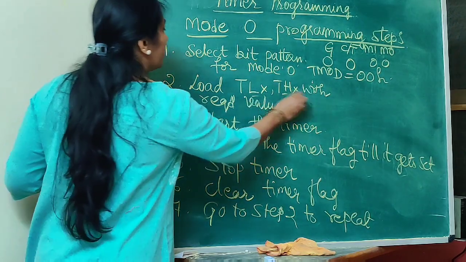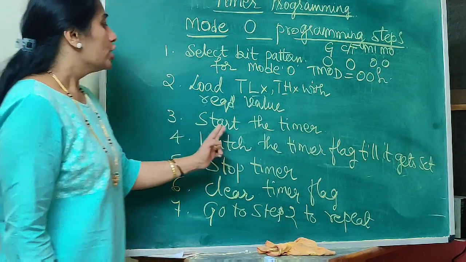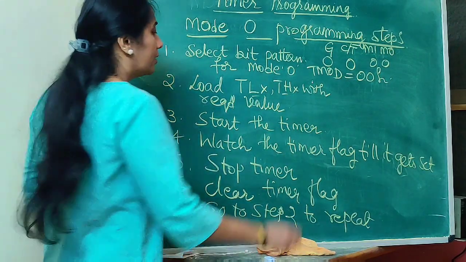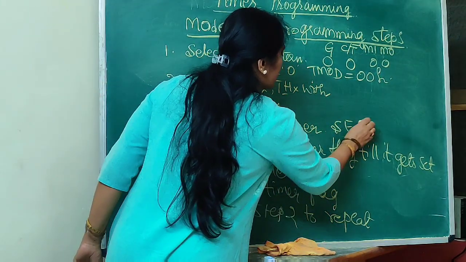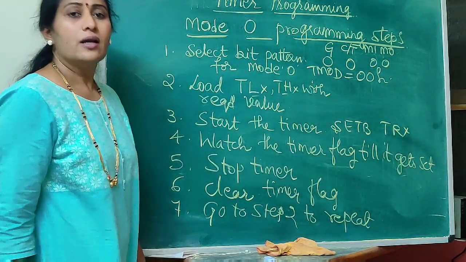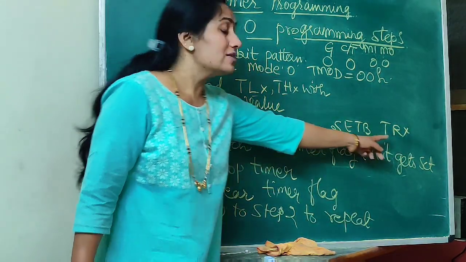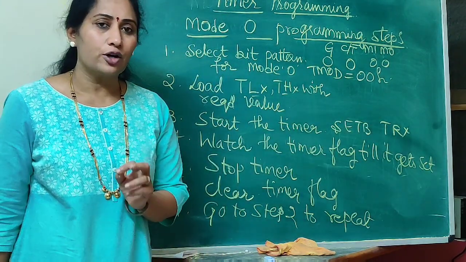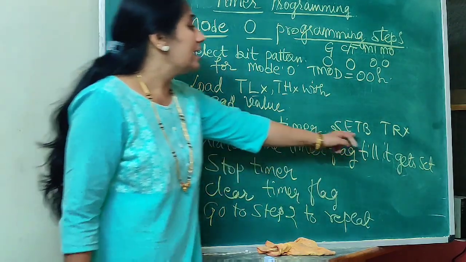After loading the value in TL and TH, you are supposed to start the timer. How are you going to start the timer? Just by setting the bit TRX. Where is the TRX bit? It is in the TCON register, the timer control special function register.